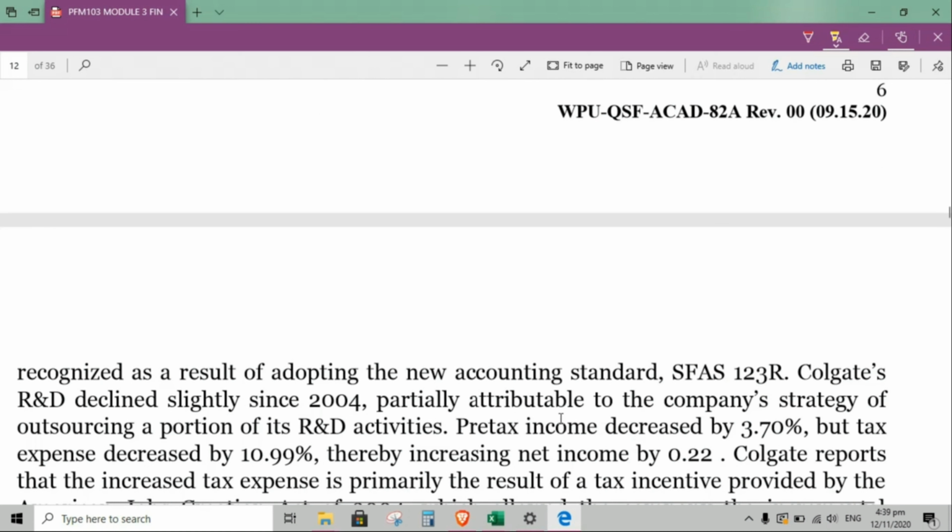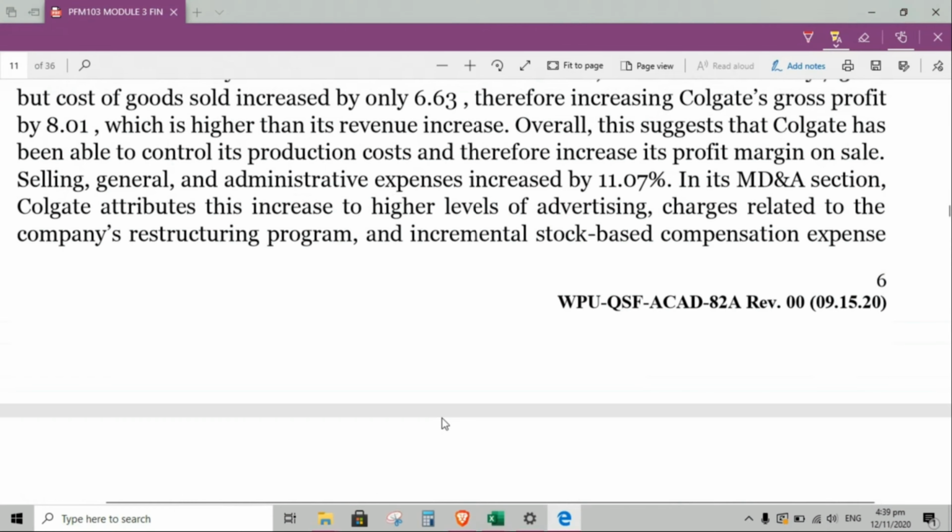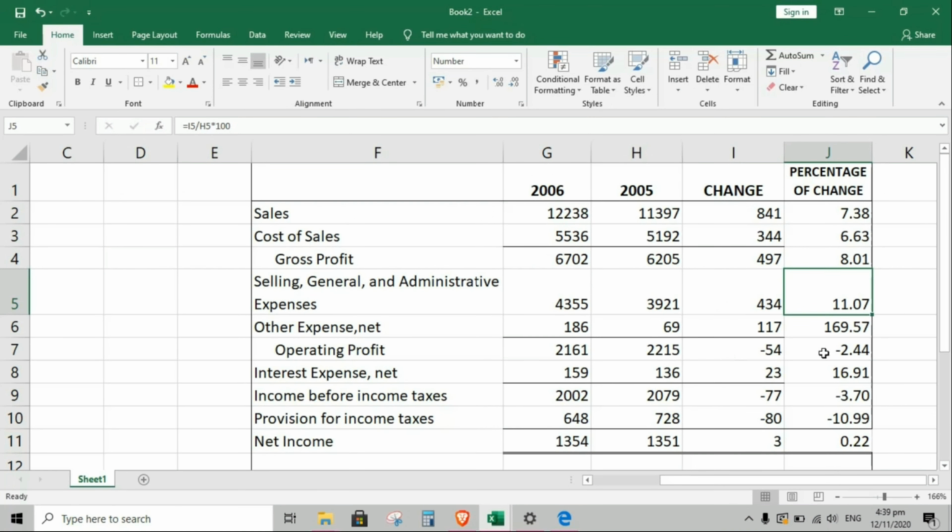So, Colgate's research and development declined slightly since 2004, partially attributable to the company's strategy of outsourcing a portion of its research and development activities. So, kaya tumaas yung kaniyang expenses kasi nag-focus sila pala sa advertising.